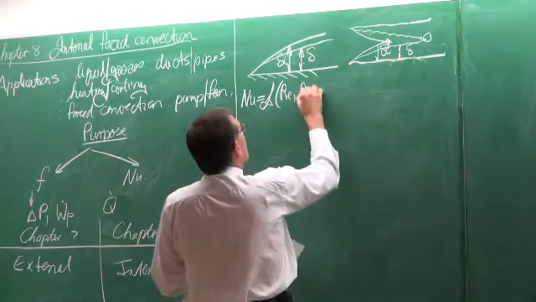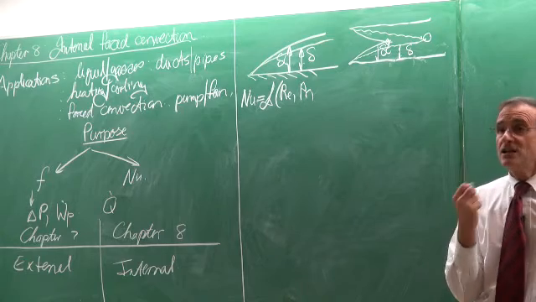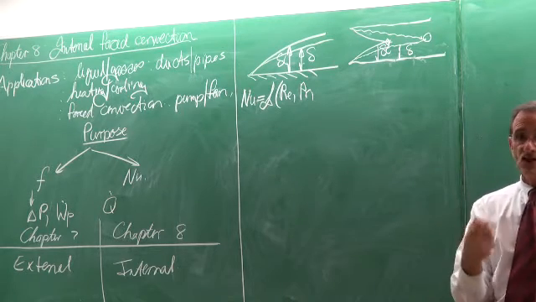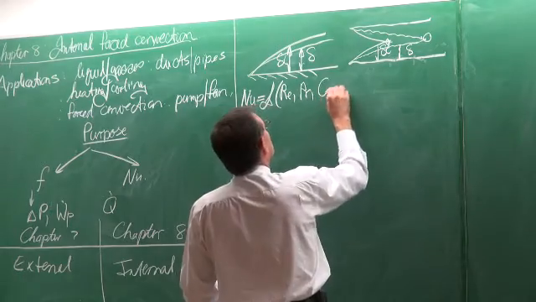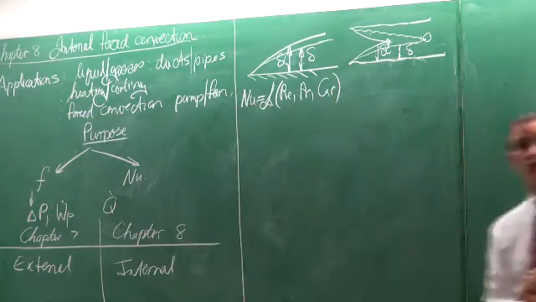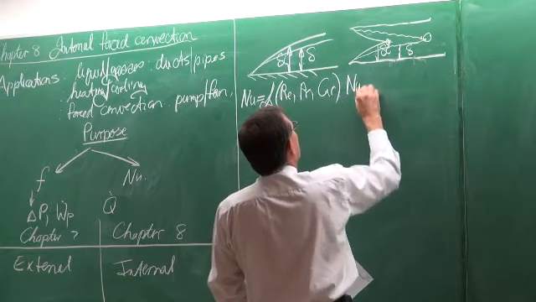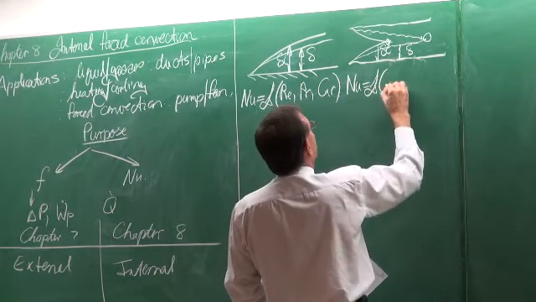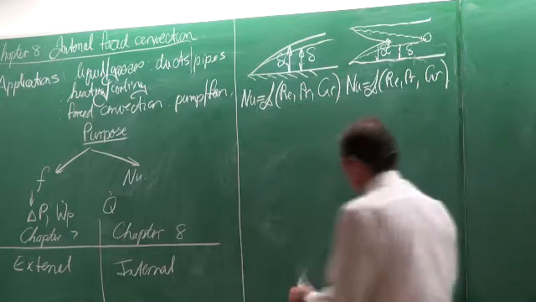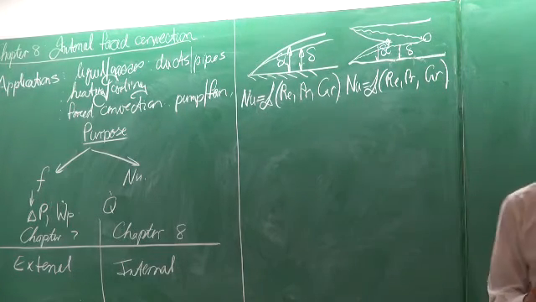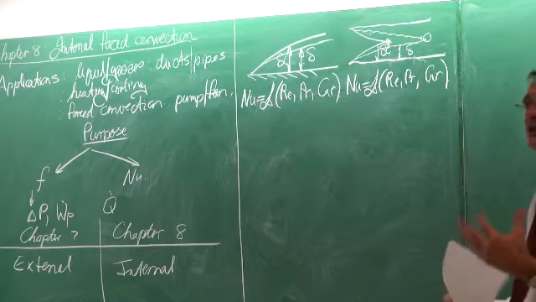It will depend on the Prandtl number, which has to do with the characteristics of the fluid, the Cp, the viscosity, and the thermal conductivity, and a number that I think you haven't seen before, the Grashof number. So with both of them, the Nusselt number is a function of the Reynolds number, the Prandtl number, and the Grashof number.